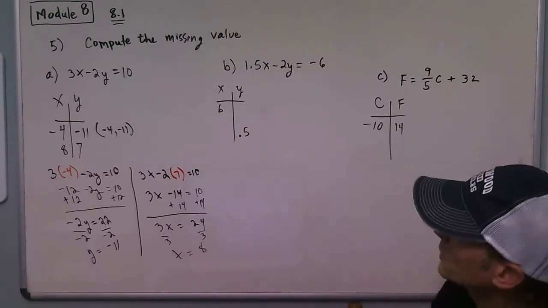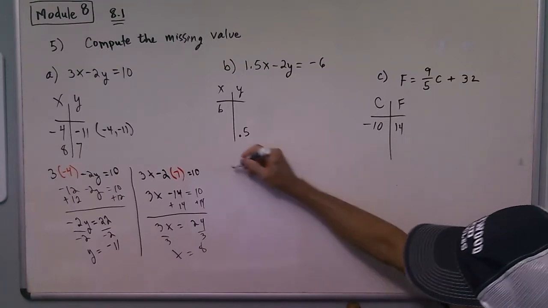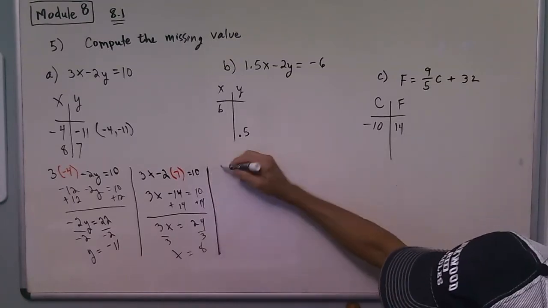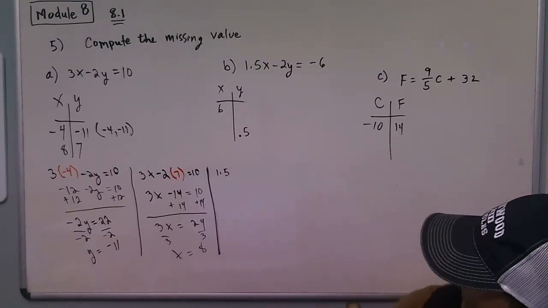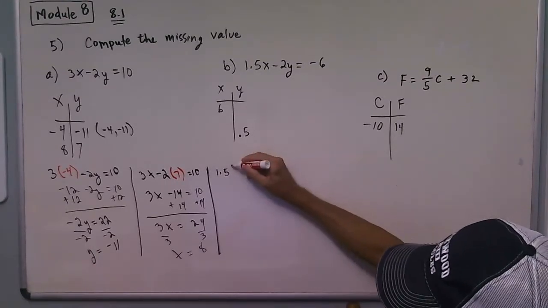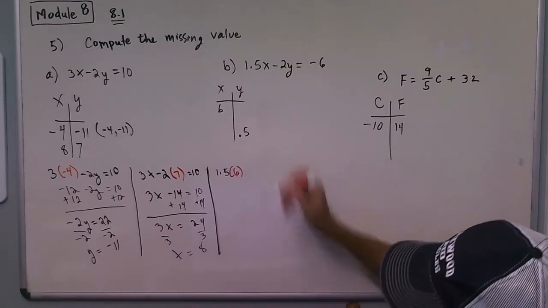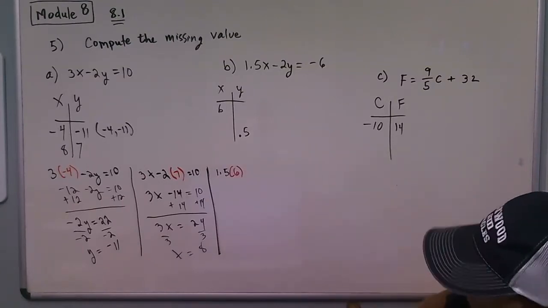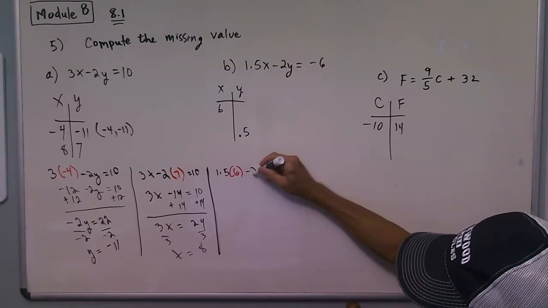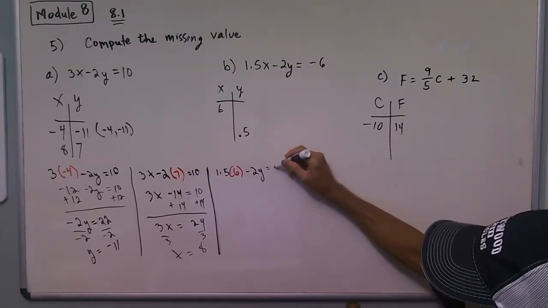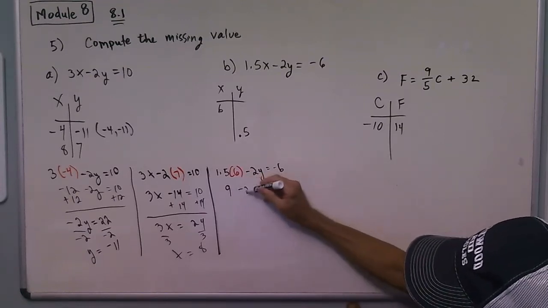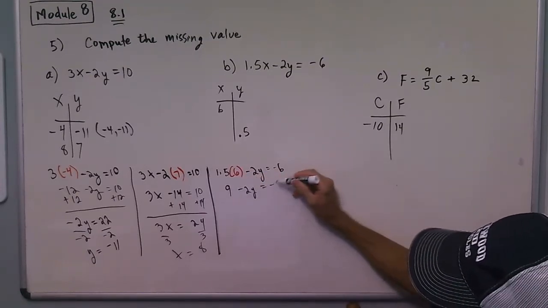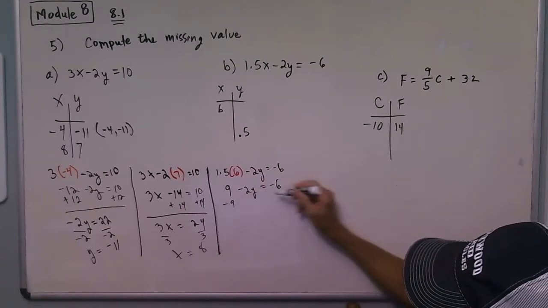Okay, so working this one out here, we have 1.5, and then our x value is 6, so we'll put in 6 for x, and then minus 2y equals -6. So we have 9 minus 2y equals -6. Subtract 6.